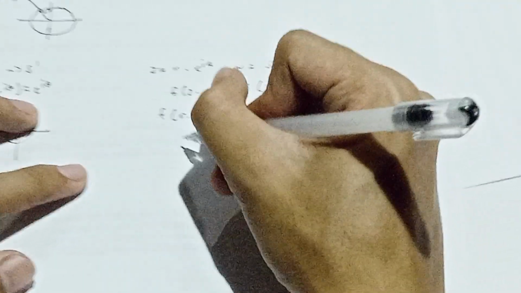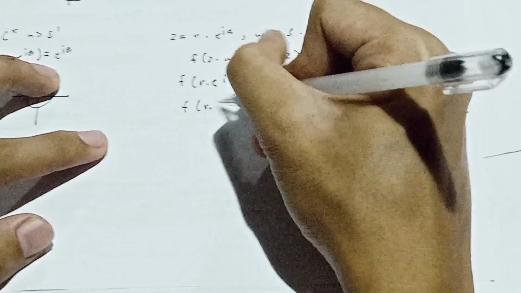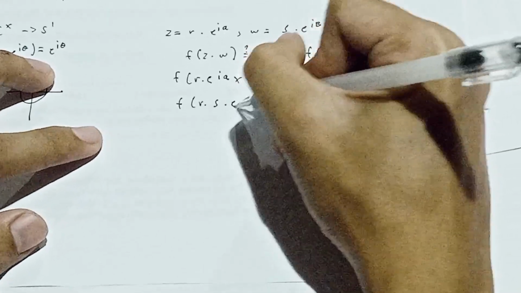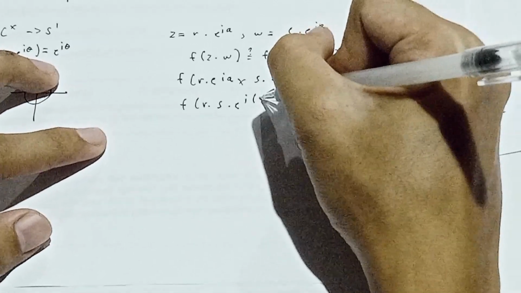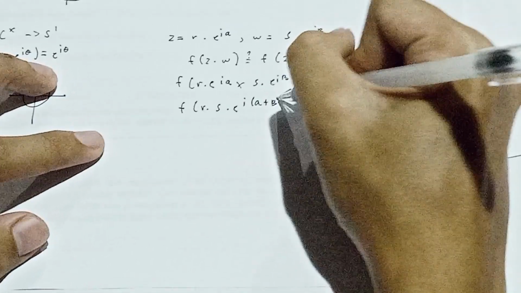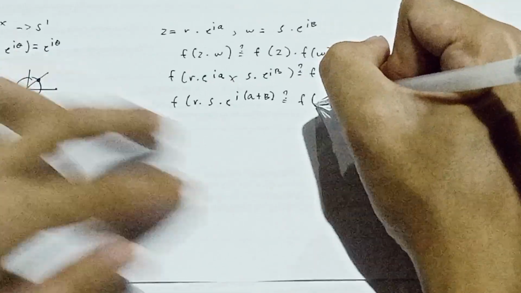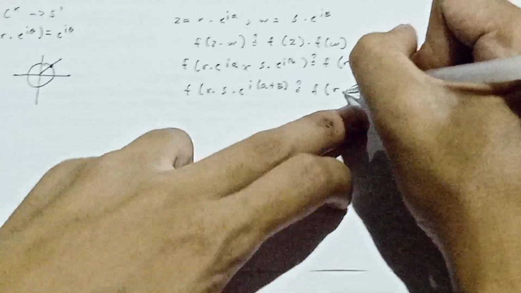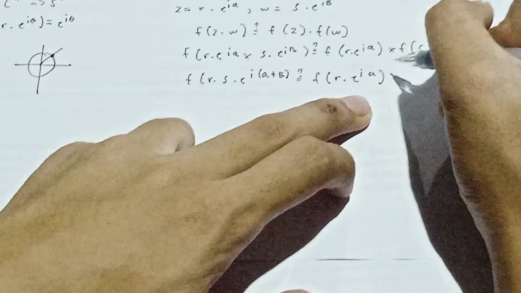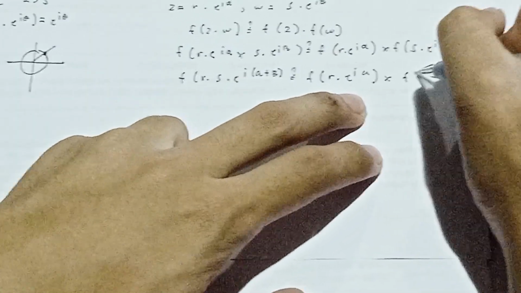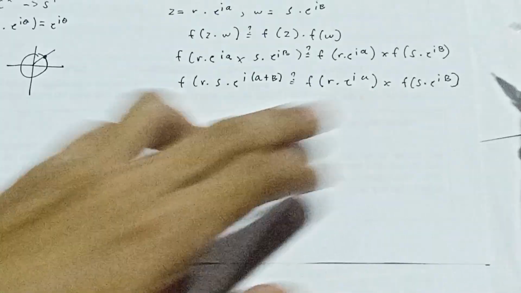This becomes f of r times s times e to the power of i times alpha plus beta, which equals f of r times e to the i alpha times f of s times e to the i beta.